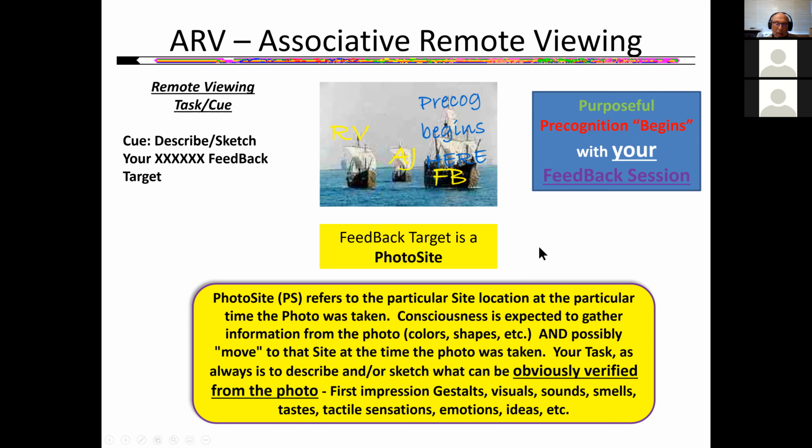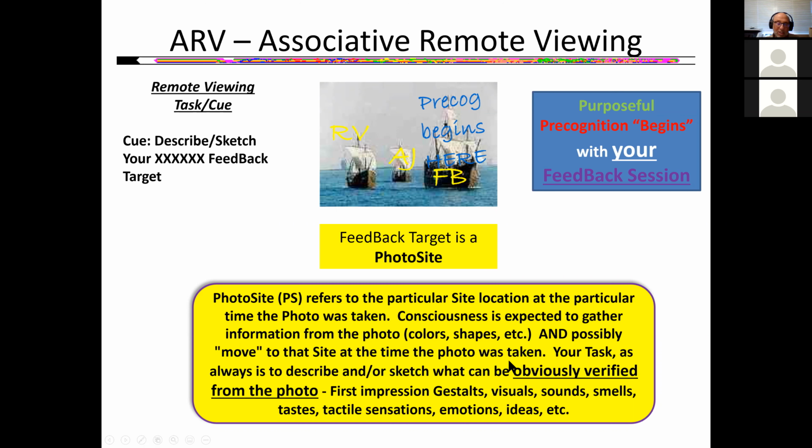Now, consciousness is expected to gather information from the photo, right? You can easily get colors, shapes, lots of information directly from the photo. And possibly, and I think many of us do this automatically, you can actually will your consciousness to go to that site to pick up more information, again, at the time the photo was taken.